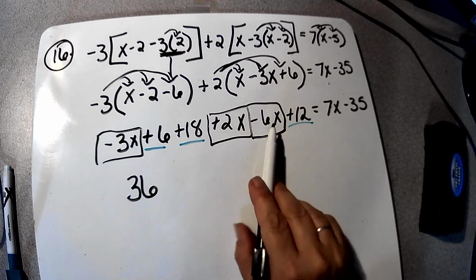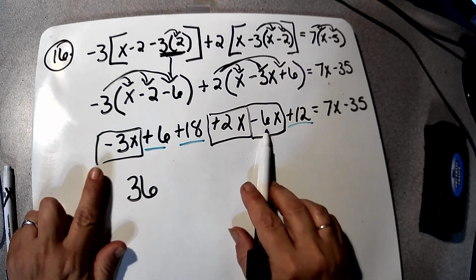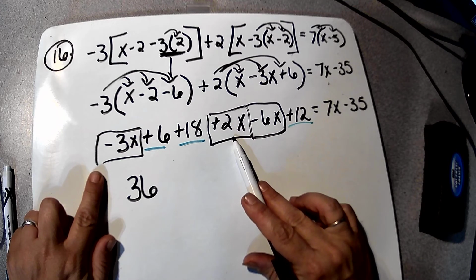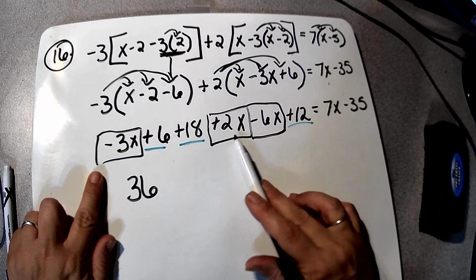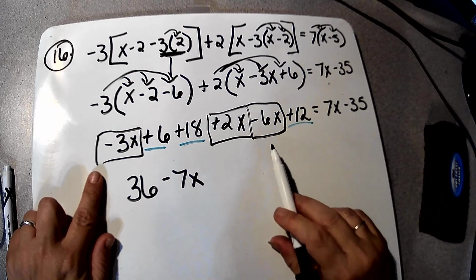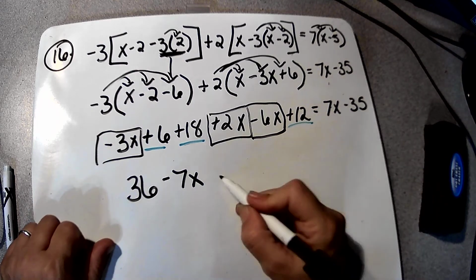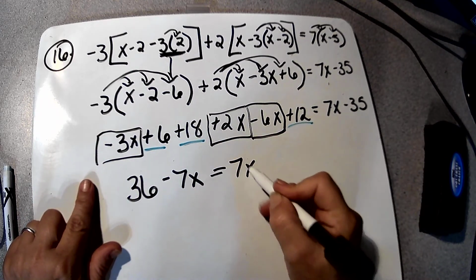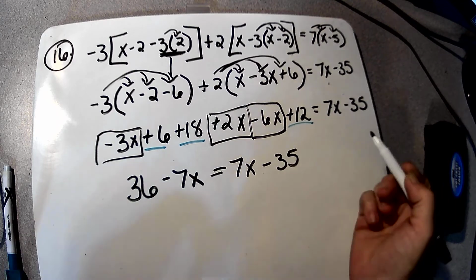So negative and negative, that's going to be negative 9. Take away positive 2, negative 9 and positive 2 would be negative 7x. Okay, and then we have, alright, so we've used up everything in there. That's going to be 7x minus 35.